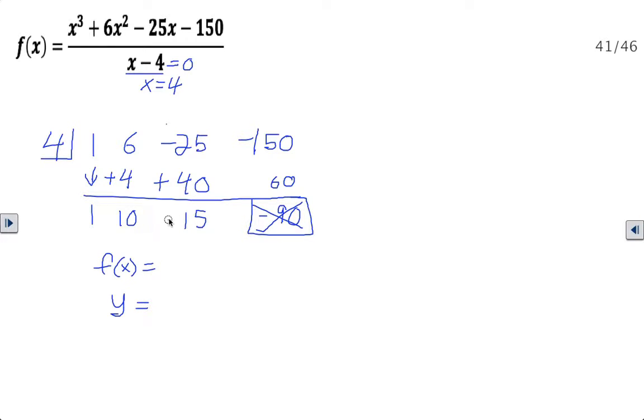This is my constant term, so my final number will be a plus 15. And then this is going to be multiplied by x, and then this one's going to be multiplied by x squared. So I will have x squared plus 10x plus 15. Okay.